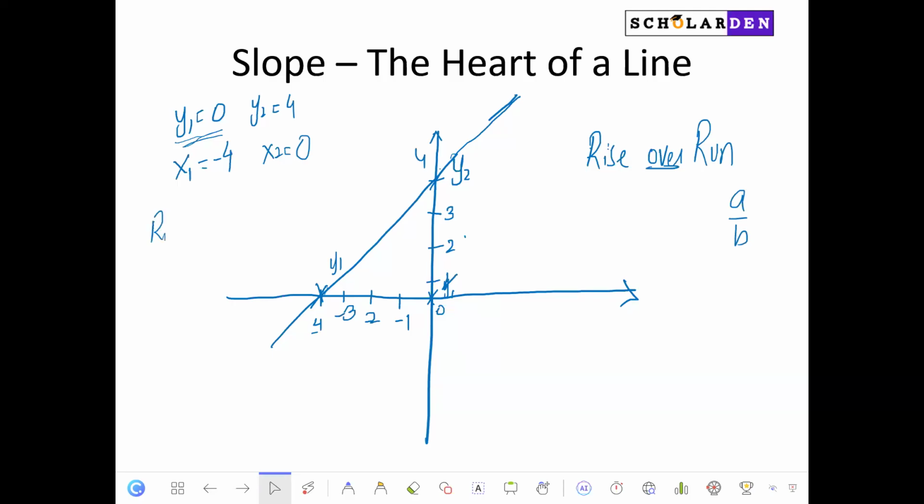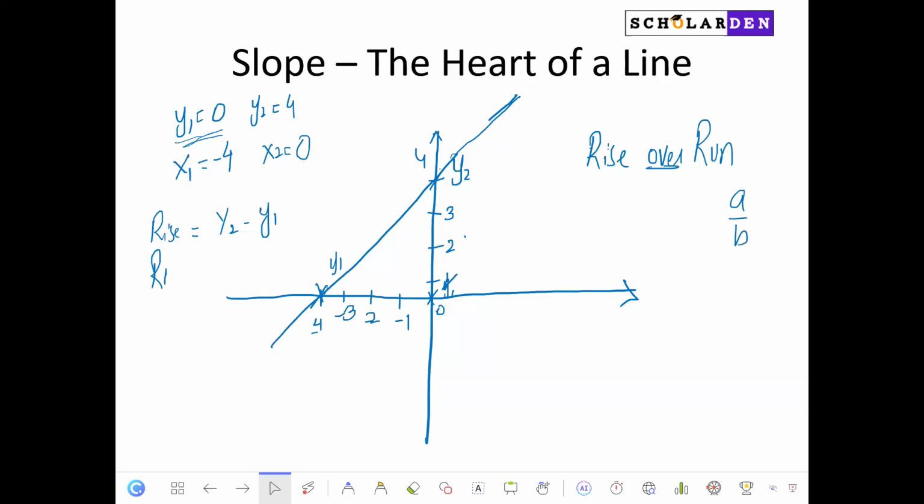The rise is calculated as y2 minus y1. How much did the line rise? It went from y1, which is 0, all the way to y2, which is 4. The rise is the point that comes later, y2, minus the point that comes earlier, y1. So this is the rise, y2 minus y1.